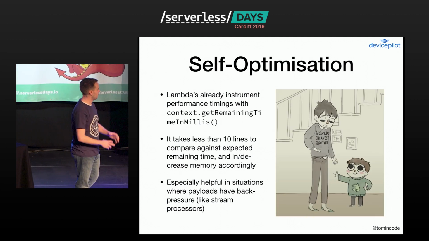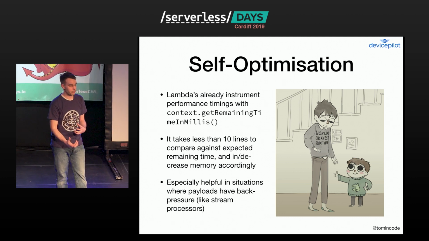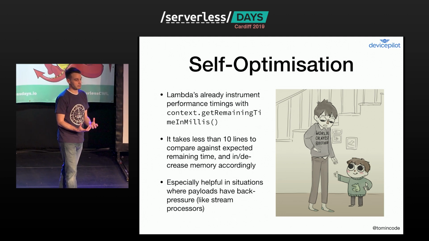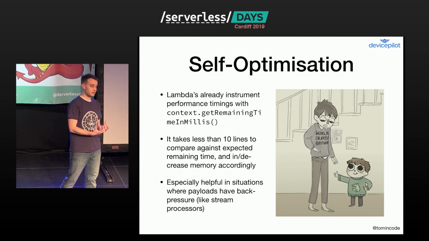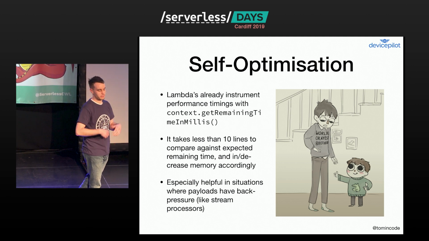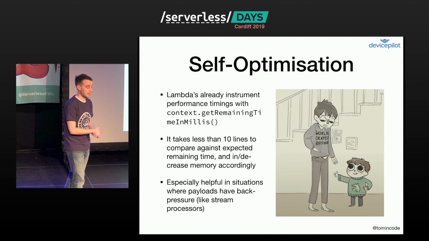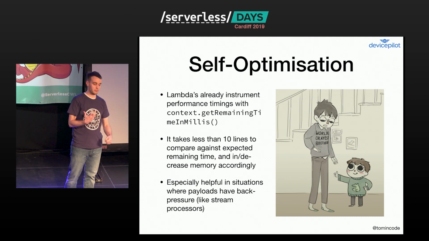Self-optimization. Given that it takes about 10 lines of code to get the current configuration and redeploy with a new one, and you need 0 dependencies, it's relatively lightweight for, at the end of a Lambda invocation, you to go, well, did I meet any of my KPIs? Did I return within however many milliseconds I said I had? If I didn't, maybe I should have more memory, maybe I should have some more compute behind me.